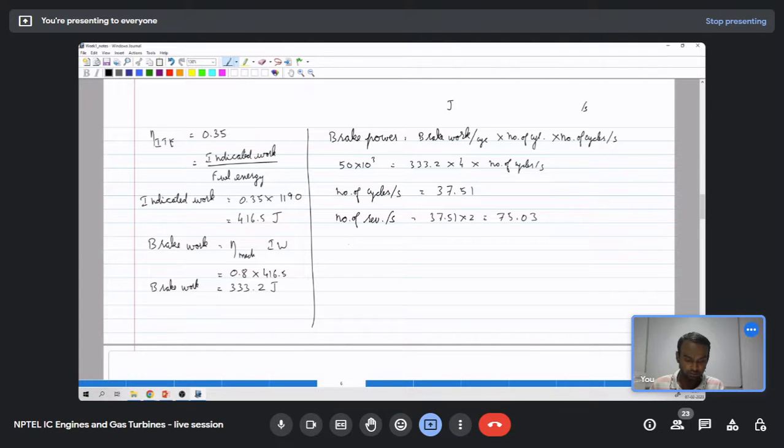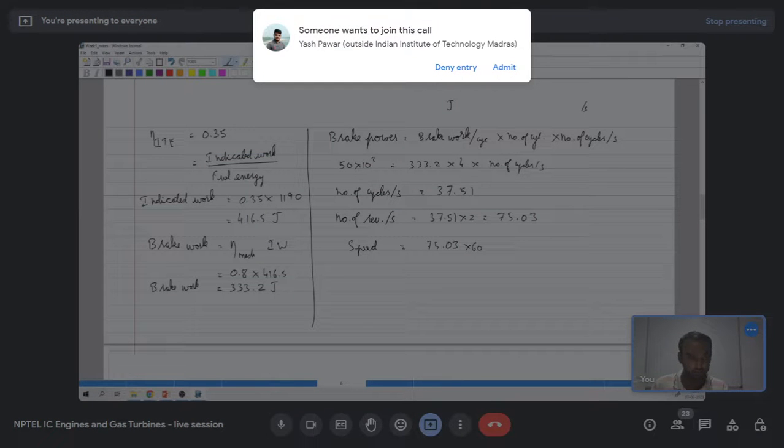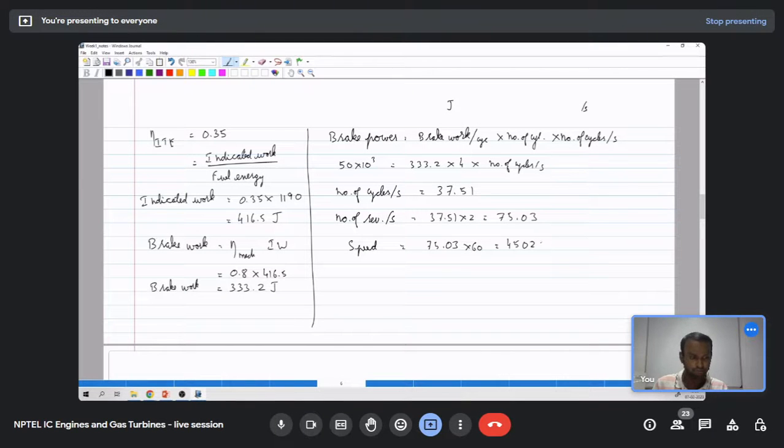Speed is generally given in RPM, so that is 75.03 into 60. RPM is revolutions per minute. So far we had the number of revolutions per second, so multiplying by 60 we get 4502 RPM.